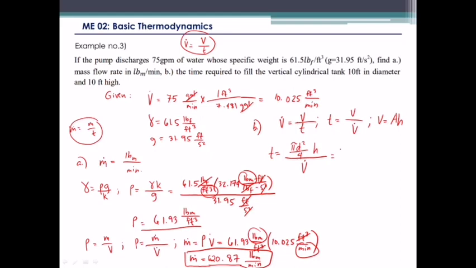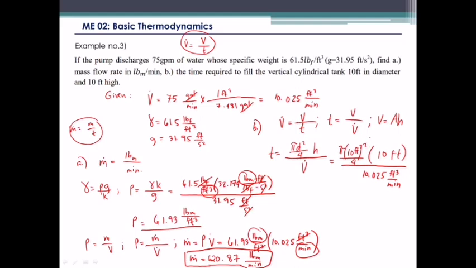So we have pi d squared, d is 10 feet, over 4, times the height of 10 feet, all over the volume flow rate, which is 10.025 cubic feet per minute.